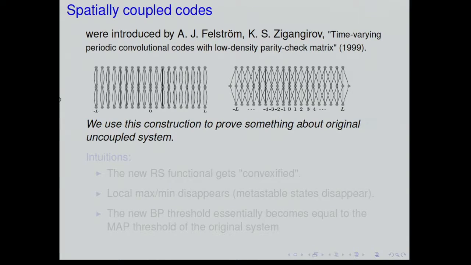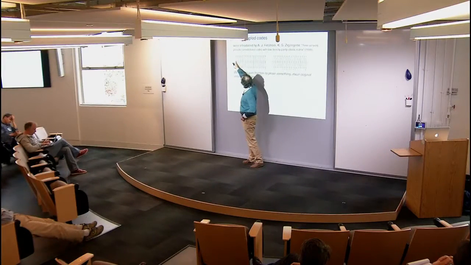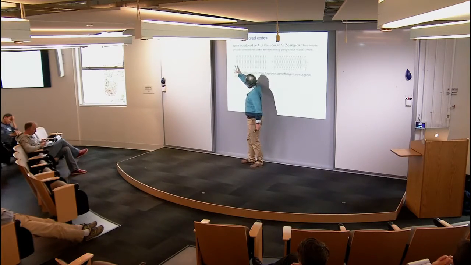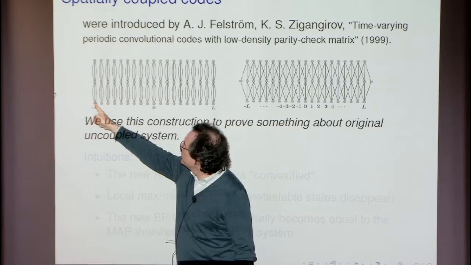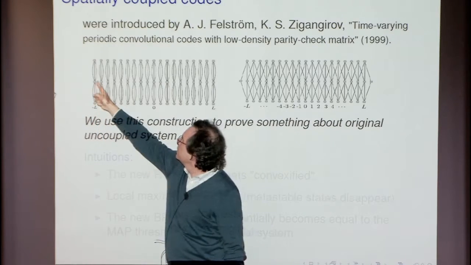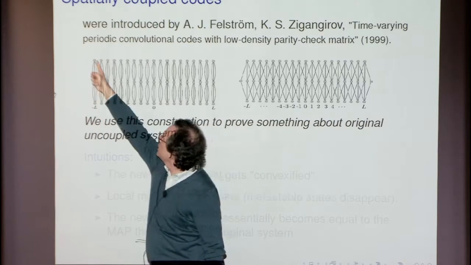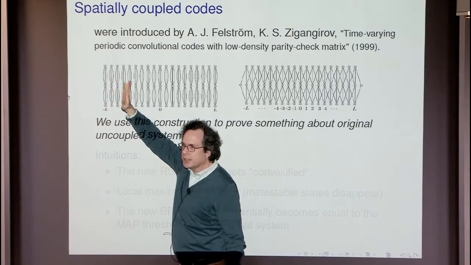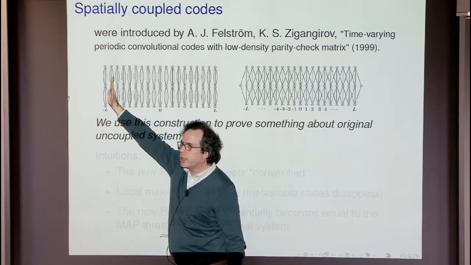I have the variable nodes here and the check nodes here, and variable nodes have degree 3, check nodes have degree 6. At each position you have a code ensemble, so you have to imagine a stack of variable nodes in this direction, and this is just a cartoon picture for the edges that are connected along your graph.